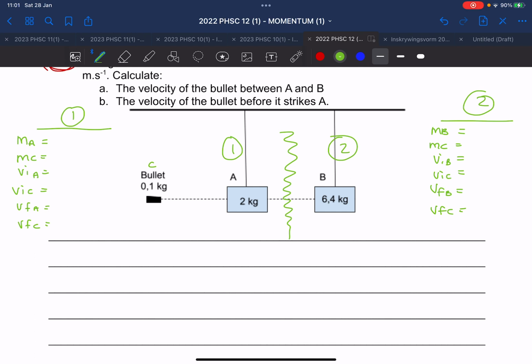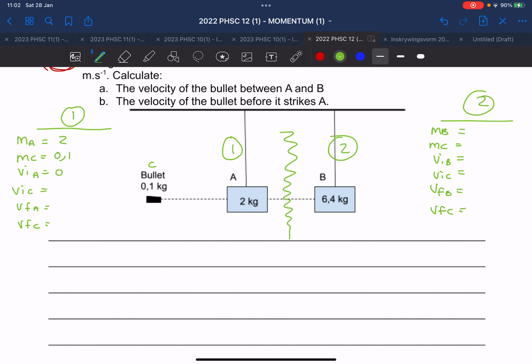All right. So the mass of A is 2, the mass of C is 0.1. The velocity of A, before the bullet goes inside of A, do we have the velocity? The block was there before the bullet goes into it. What's the velocity? It's 0, it's stationary, just hanging there.